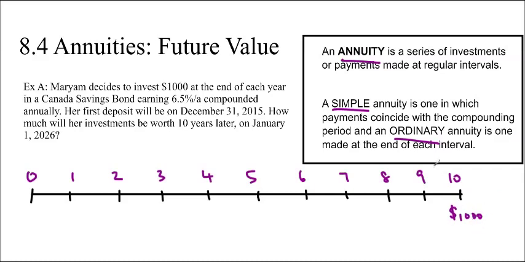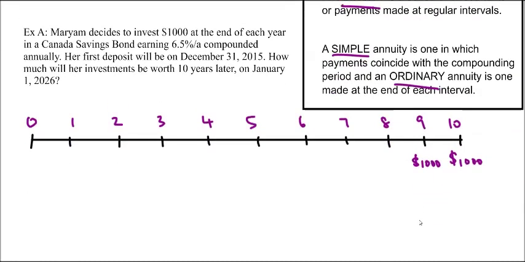So that's $1,000. In year 9, so in 2014, she puts in $1,000, and that sits in there for a year. So at the end of the term, it's actually worth 1,000 times 1.065, right? Because 0.065 is the compound interest. So that is why she gets 1,000 times 1.065.